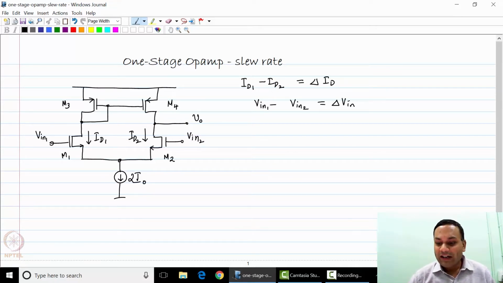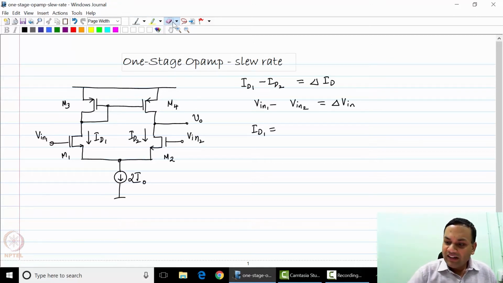So to do that, I need to write down the current equations of the transistors. First of all, let us assume that the total current through the op-amp is 2I0, so that each of M1 and M2 has a current I0.